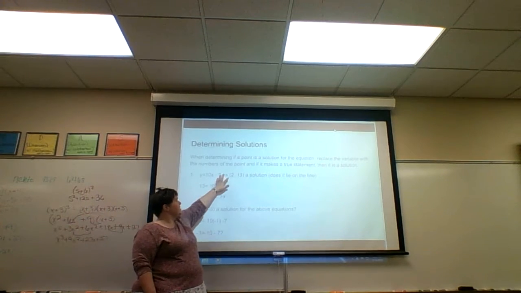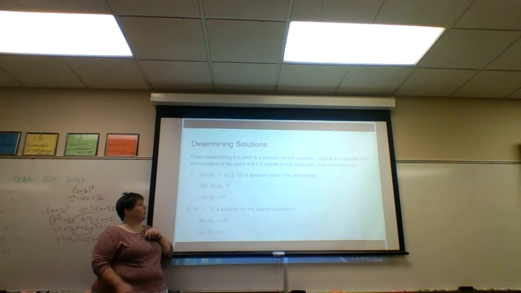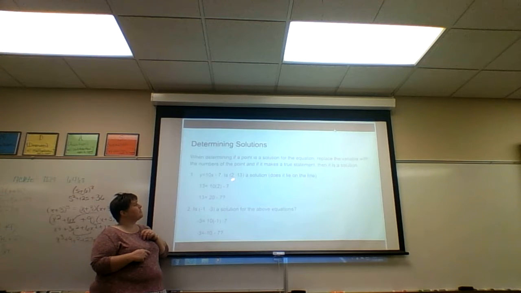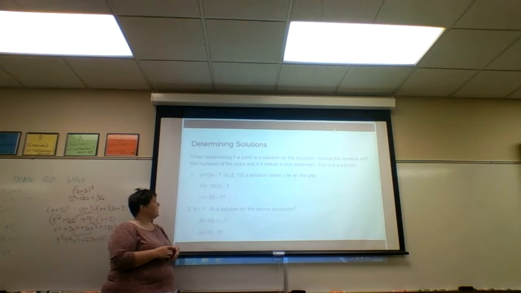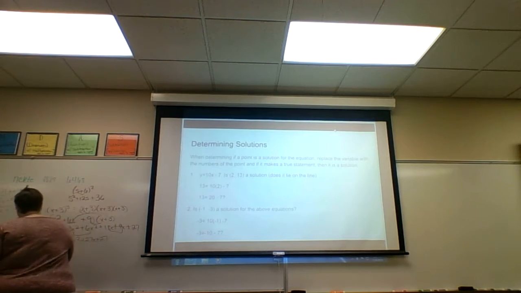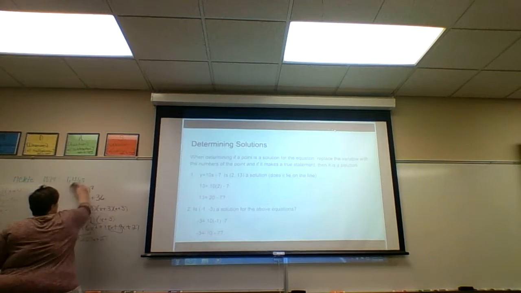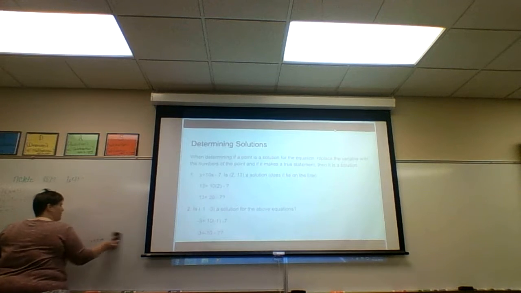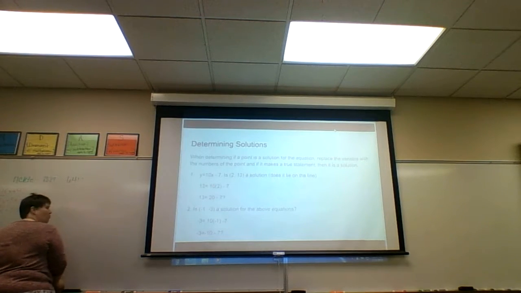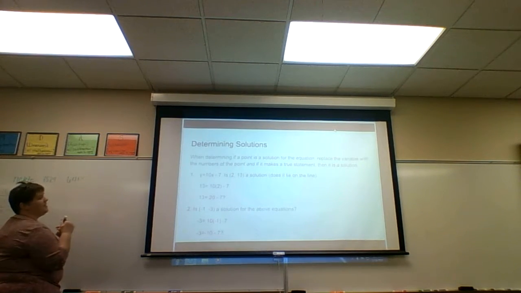So here, is (2, 13) a solution? Okay, so 2 being x, 13 being y. I'm going to replace those with that. When I do that, I just put the numbers into the x and y terms and see if it's equal.